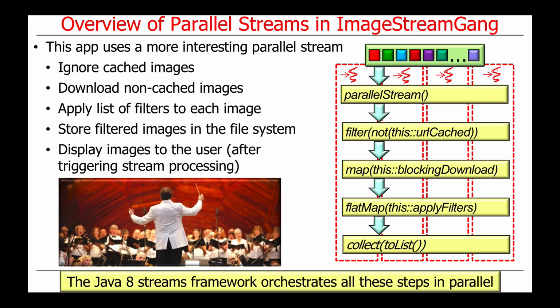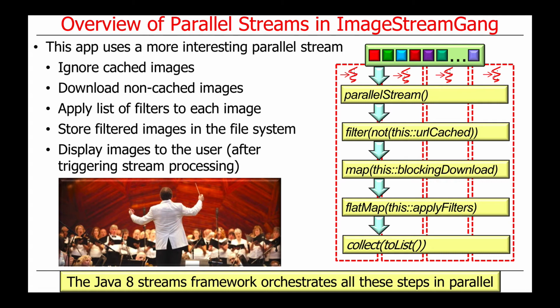The cool thing about this is that the Java 8 Streams framework orchestrates all of these steps in parallel. You don't have to care what the threads are doing. That's handled for you by the fork join framework, which Parallel Streams handles for you underneath the hood as part of the Streams framework implementation.